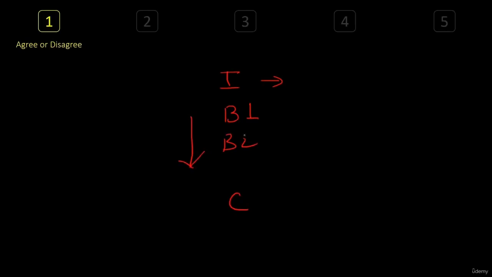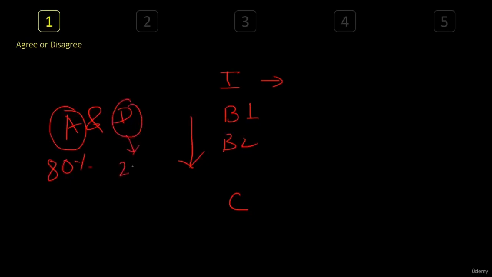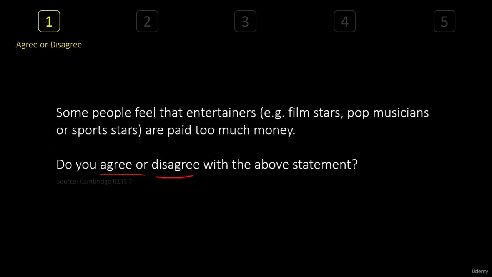One thing you should always remember when you're writing agree and disagree question type, if you choose to write agree, write 80% about agreement, but you should go towards disagreement and write 20% about disagreement as well. So for an example, if we look at the previous question, which is some people feel that the entertainers are paid too much.